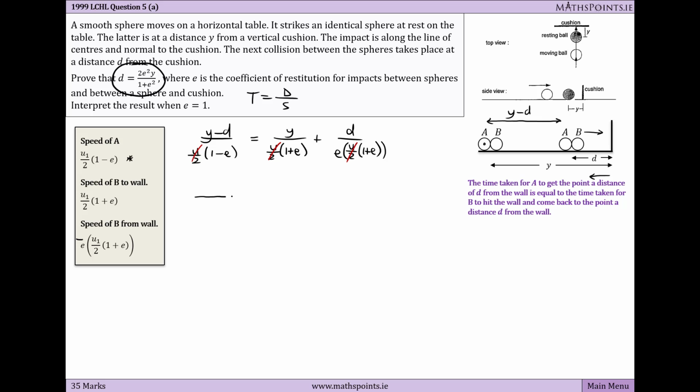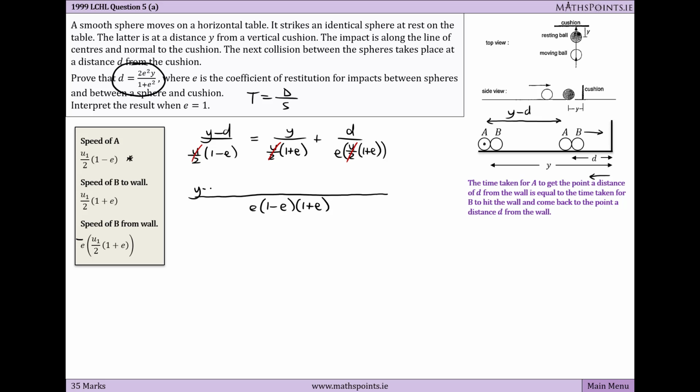Now you'll see in the printed solution that I find a common denominator on the right and then later combine that by cross multiplying. But here I'm just going to find a common denominator of all 3 denominators, and that common denominator is e on 1 minus e on 1 plus e. All of the denominators go into this common denominator. So if I divide 1 minus e into e on 1 minus e on 1 plus e, I get e on 1 plus e.